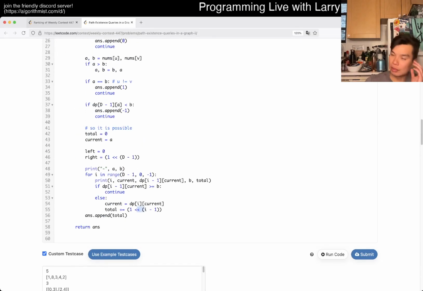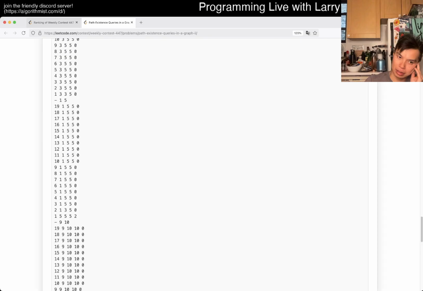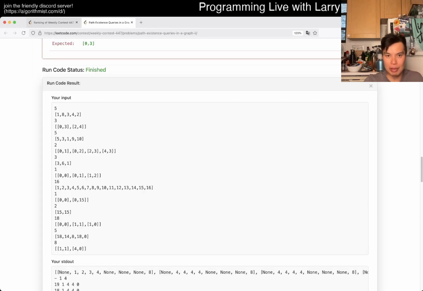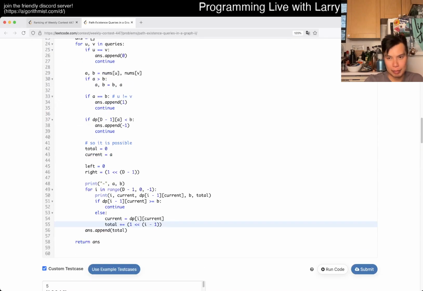So, okay, if this is 14, then that B is too small. We add, so for I equal to 3, we take a look at 2. That's 2 moves, right? So I think there's something weird with my math. We want to take 2 moves and then go to I minus 1.